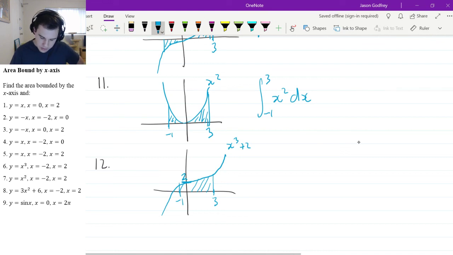Is -1 actually above or below the x-axis? Well, if you sub in -1 to the function, you get -1 cubed is -1, plus 2 is 1. So this is the point -1, comma 1.